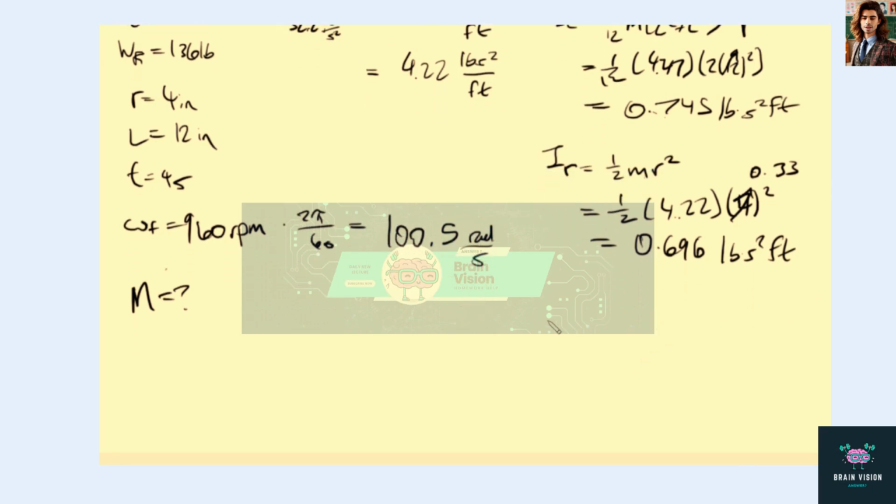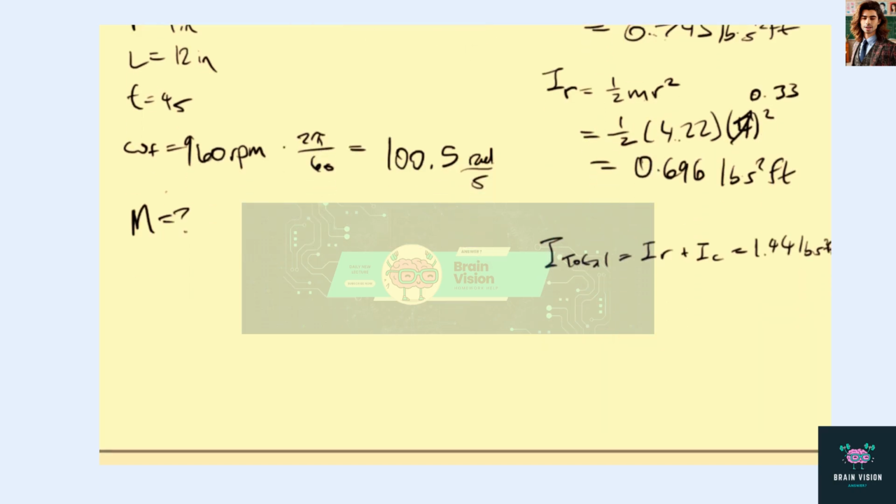Now we are going to combine these together to get I total. It's going to be IR plus IC, which is 1.44 pounds times second squared times feet. Now we can use the conservation of angular momentum to solve for our M. So M times t is equal to I omega, so M is I times omega over t.